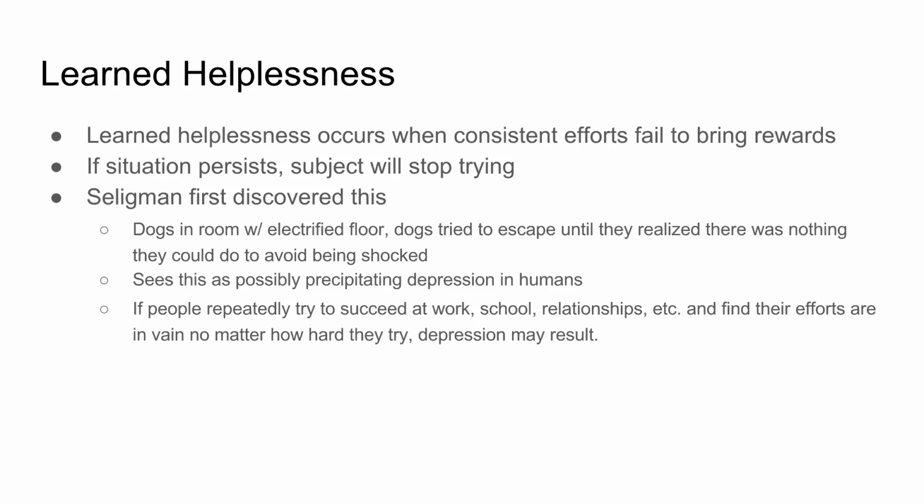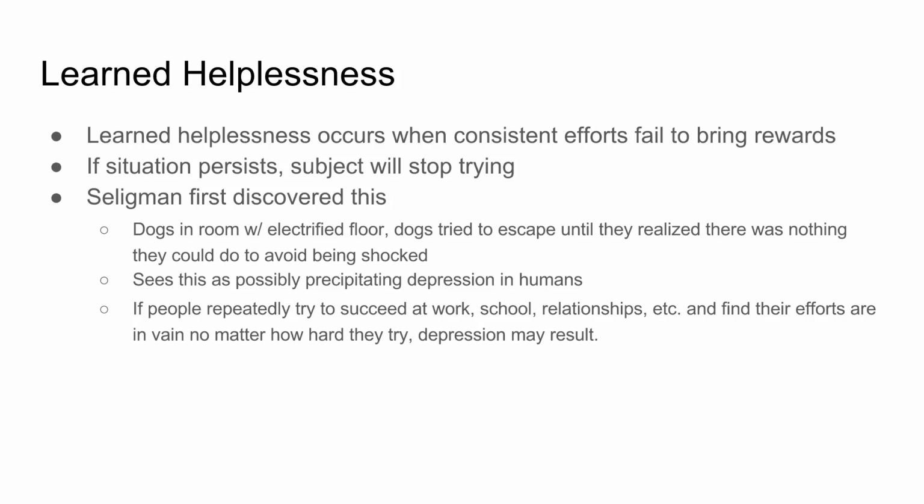Martin Seligman was the first person to discover this, and he did it by putting, and this is terrible, dogs in a room with an electrified floor. The dogs tried to escape until they realized that there was nothing they could do to avoid the shock, and then they eventually just gave up on trying to escape altogether.